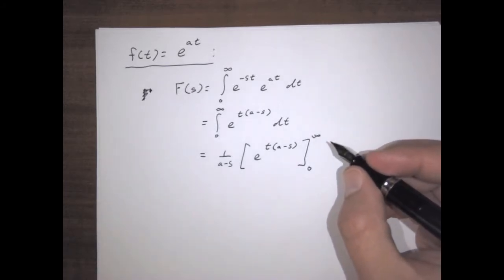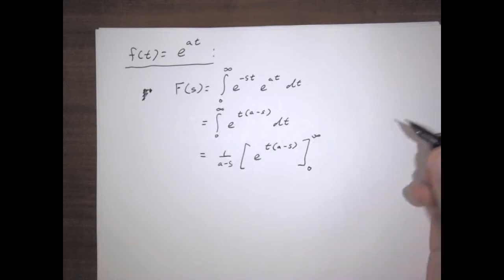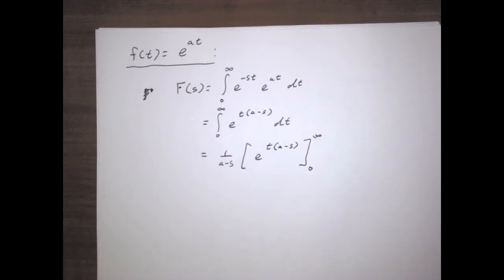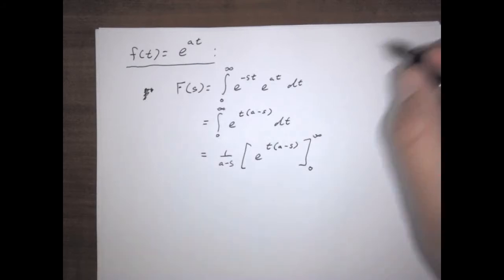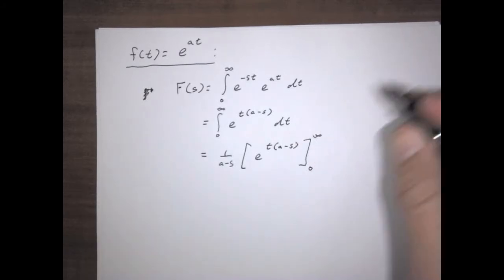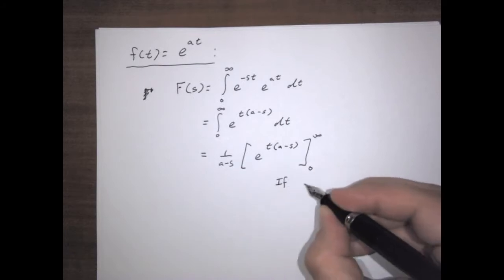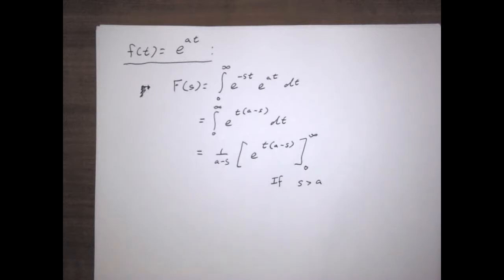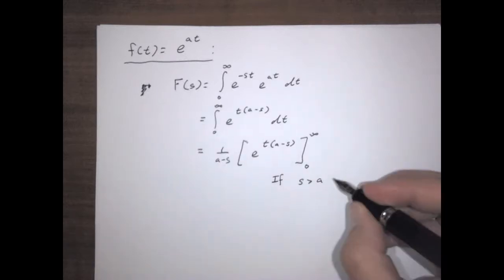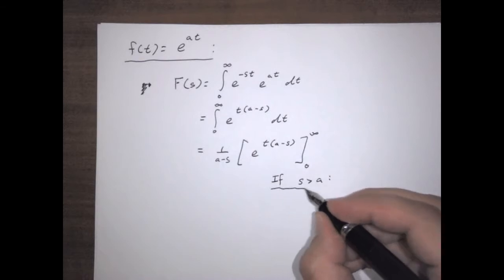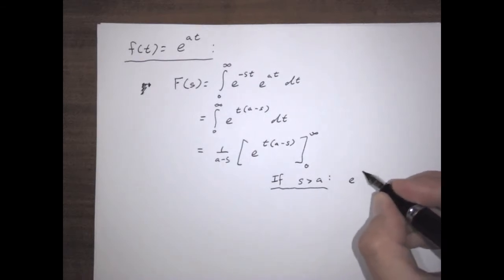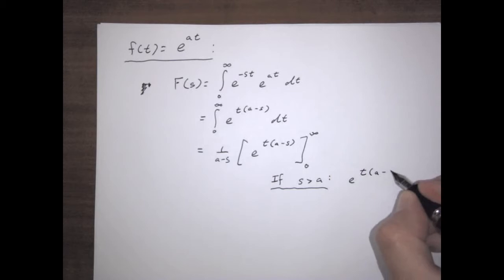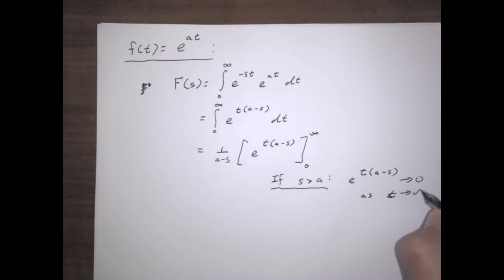And then if what we have here is an s that is greater than a, so if s is greater than a, then e to the t times a minus s will go to 0 as t goes to infinity.